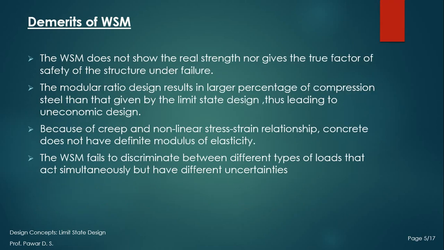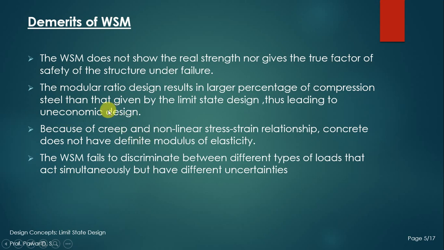Now the various demerits and merits of the working stress method. First we are going to list the various demerits of the WSM. The WSM does not show the real strength nor give the true factor of safety of the structure under failure. Means under failure you cannot get the true factor of safety in the WSM. The modular ratio design results in a larger percentage of compression steel than that given by the limit state design, thus leading to uneconomic design.